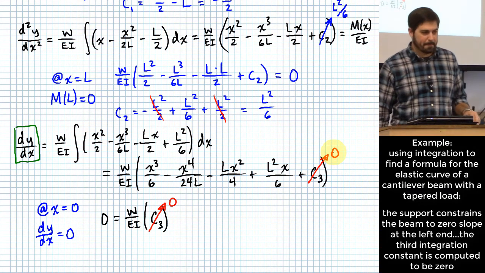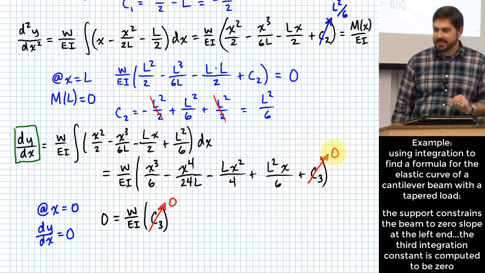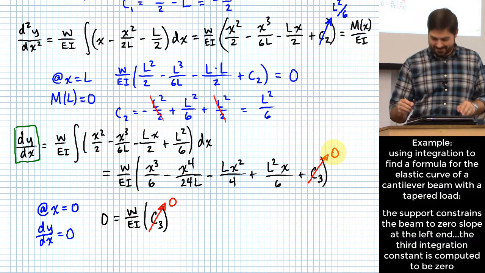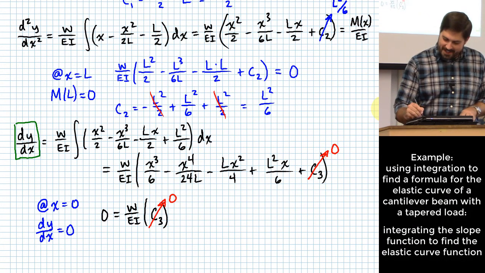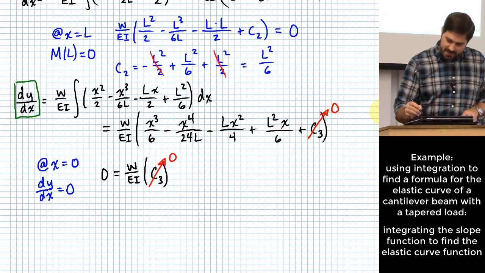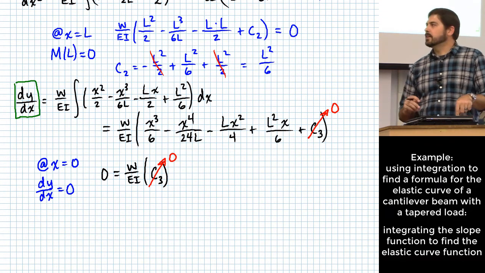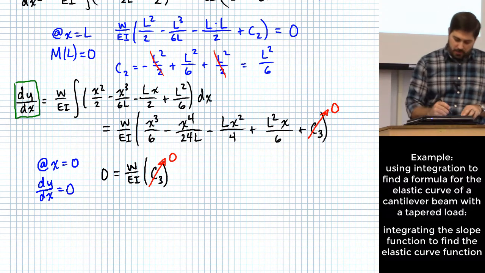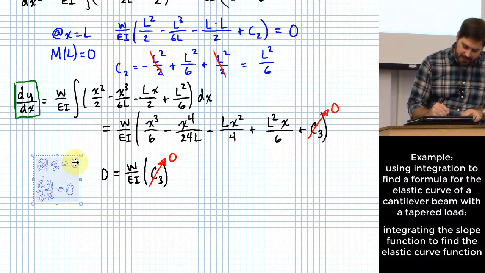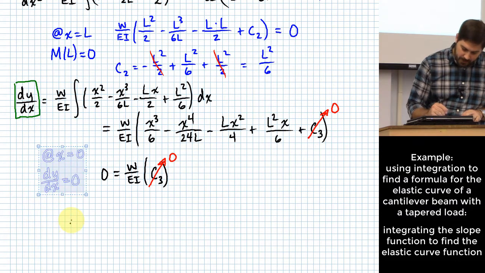All right. What next? One more time. It's like singing the chorus again, right? So we need to take yet another antiderivative. And what we get out of this is going to be the elastic curve.